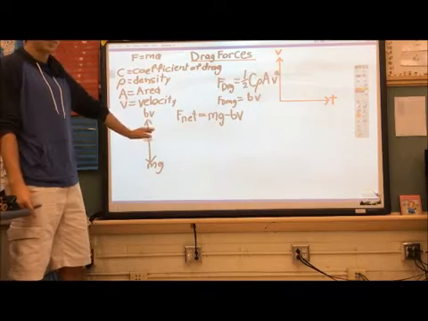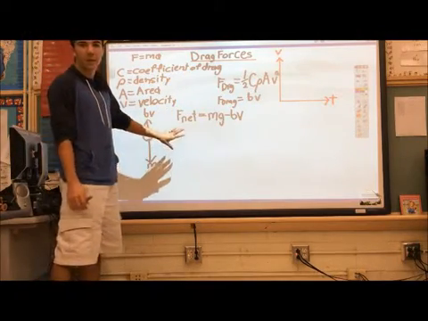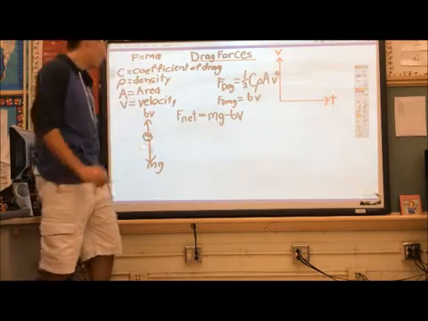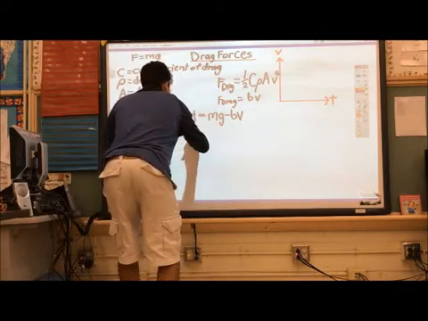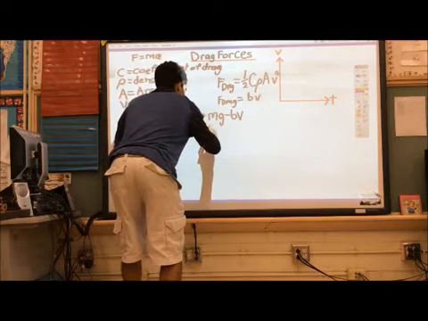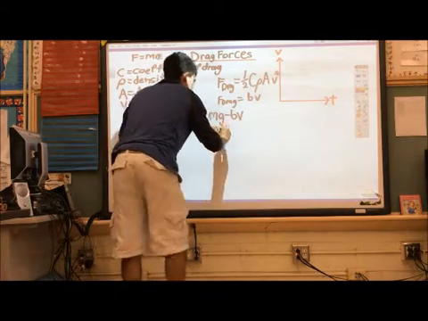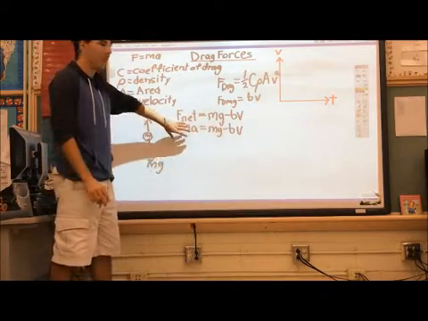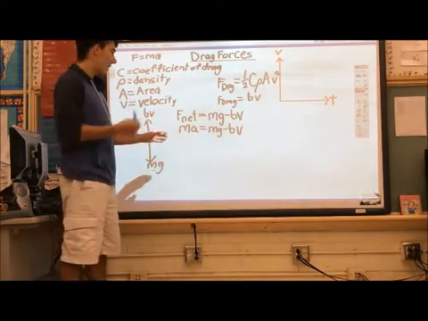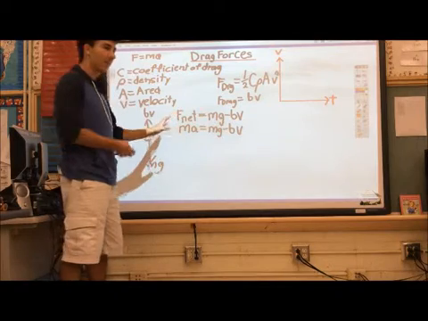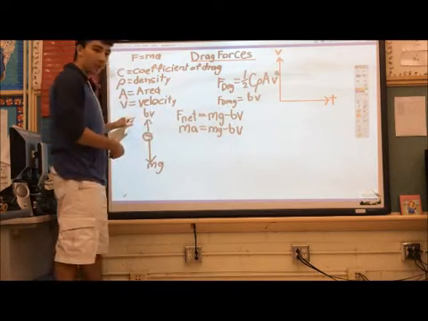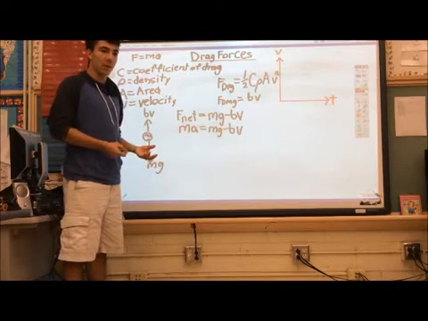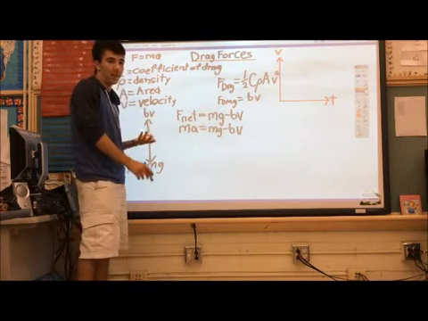So what does this mean? Well, a net force is still equal to mass times acceleration. So this will be the total acceleration on the object. After a certain amount of time, this force and this force, the drag and gravity, could become equal to each other if the object has reached a high enough speed.